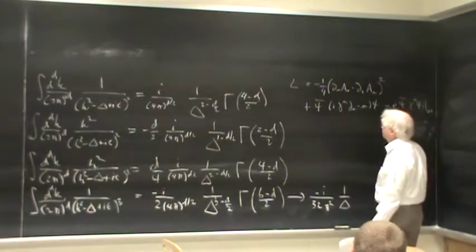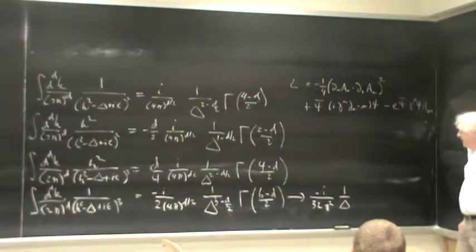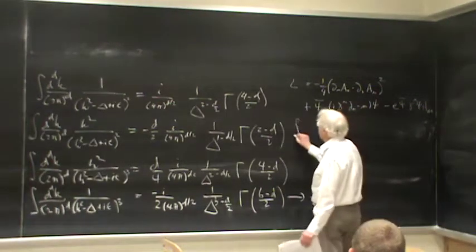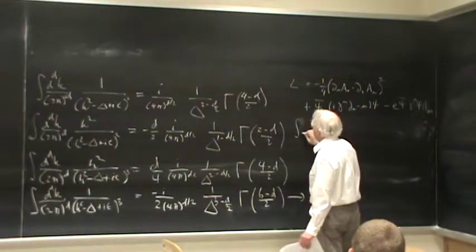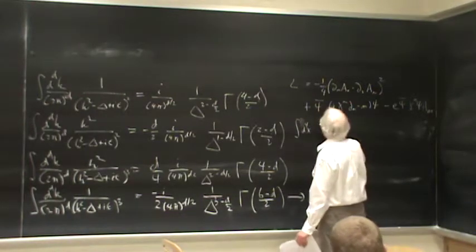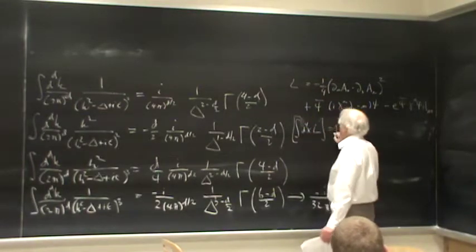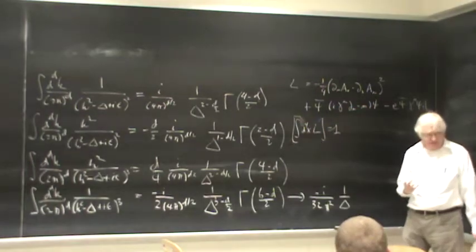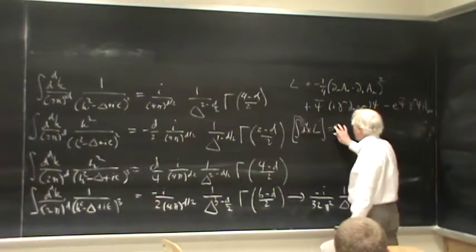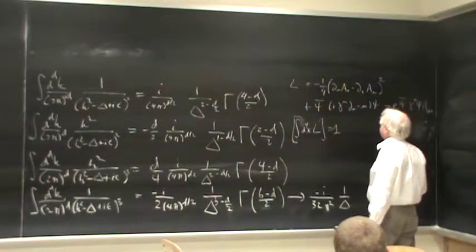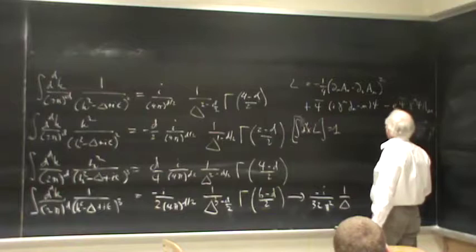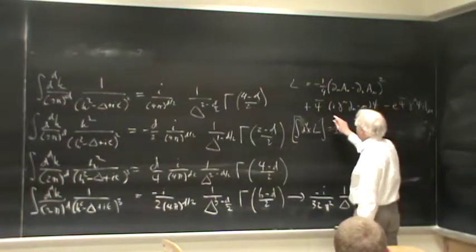Now, the normal case is when you have 4 dimensions, and so you have the integral d⁴x times L, and you want the units of this to be 1. That is to say, you want it to be dimensionless. So this is the action. So let's just do these things simply.